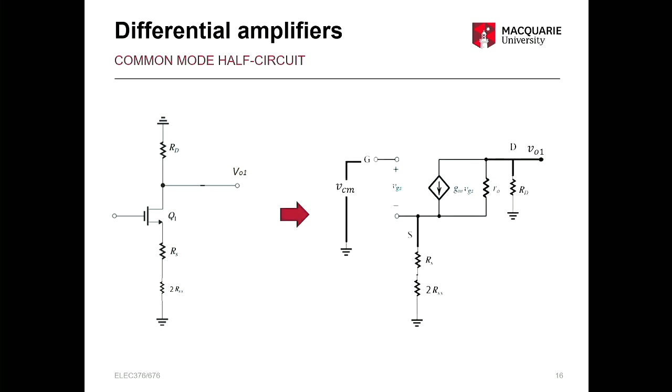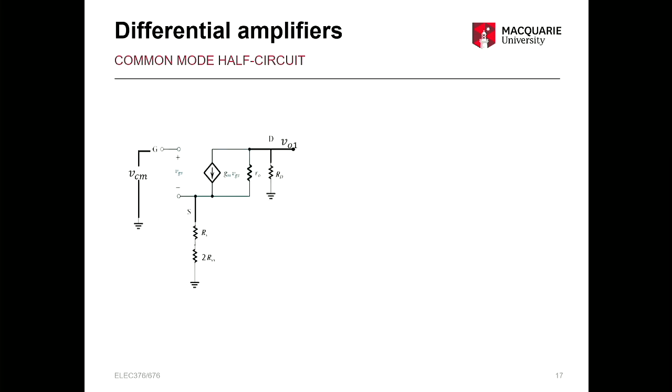So again, going to our equivalent circuit models. Again, we have our GM/VGS, we have R out, and we can do some analysis on this. So V out 1 in this case is going to be minus the GM/VGS times RD.